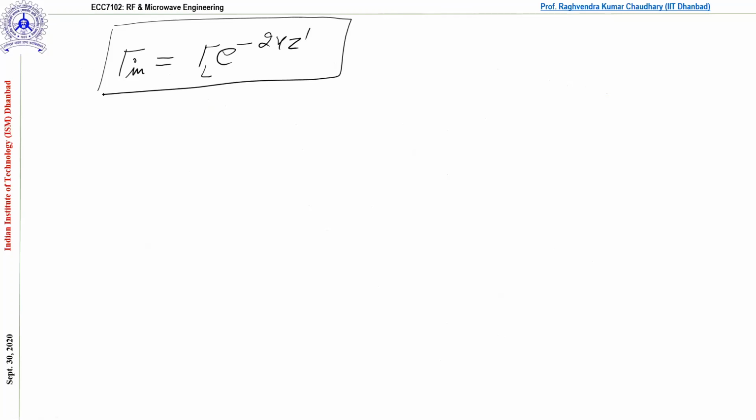Okay. So we can explain this like this: mod of gamma L e to the power j theta gamma L. The magnitude and the phase are written separately, and we can open the exponent into alpha plus j beta times z dash. Correct. What is the benefit?